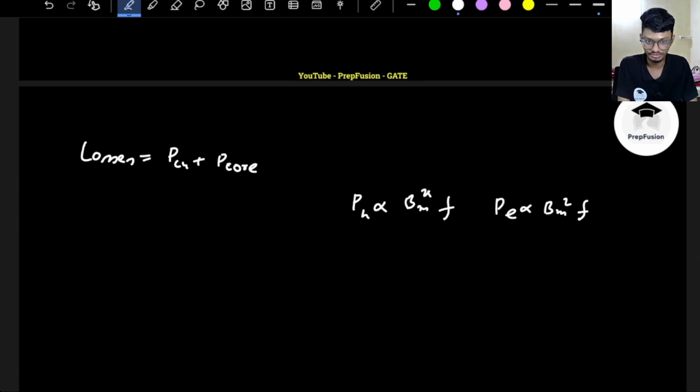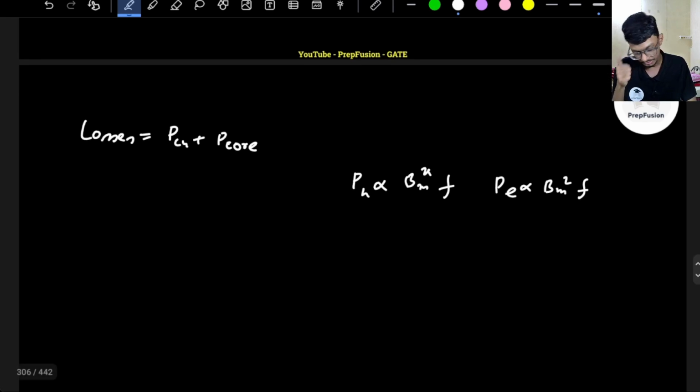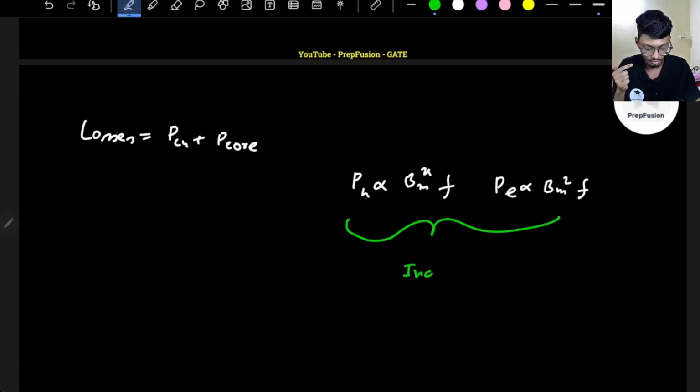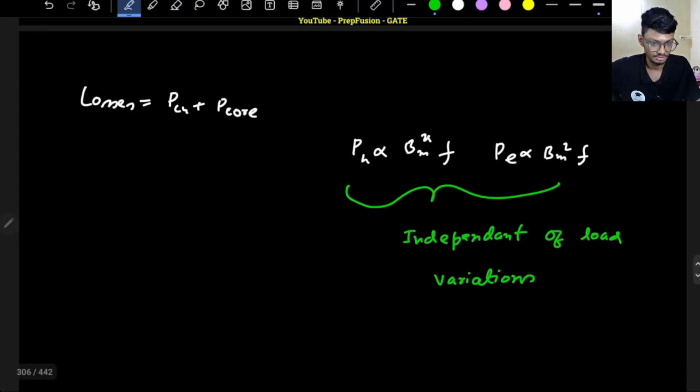Generally we will not change the frequency. So that's why these are called the constant losses. These are independent of load variations.